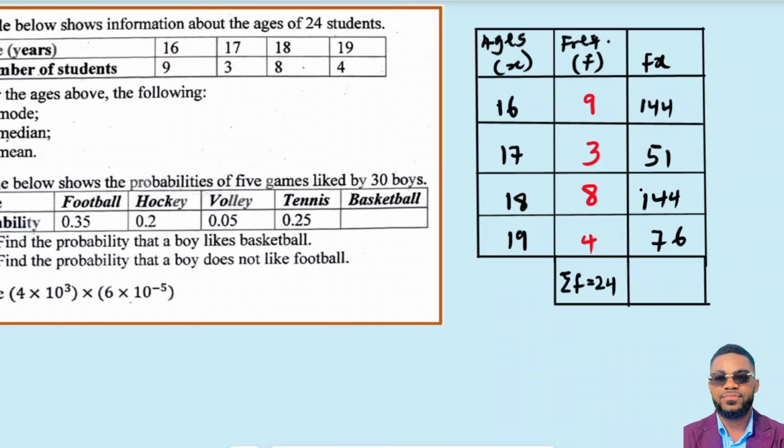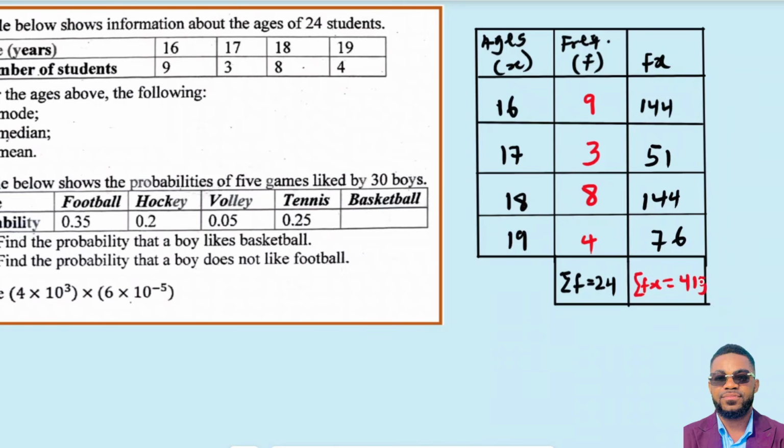Now this is also going to be the sum of the fx. So we call that one sigma fx. That means the sum of the fx, 144 plus 51 plus 144 plus 76. And after doing the calculations, you get 415. You can verify to see.